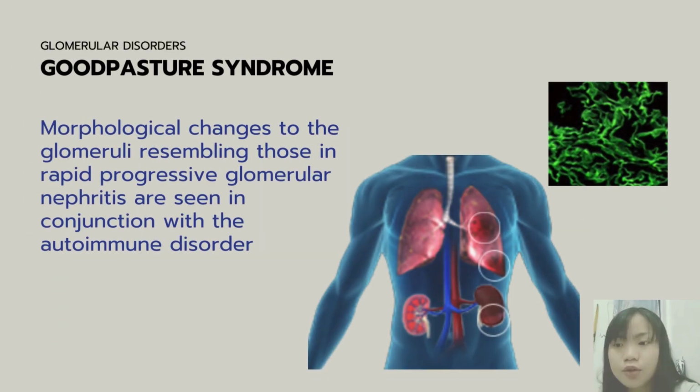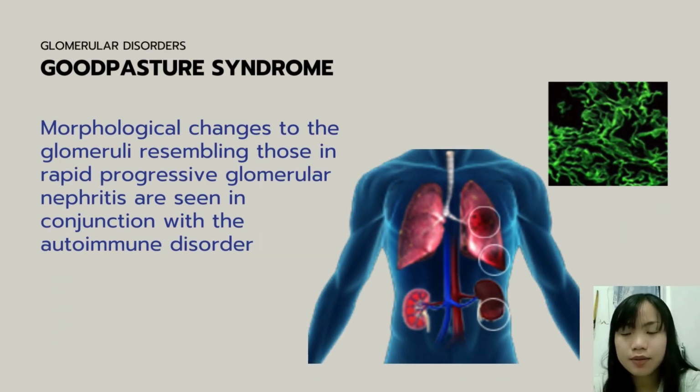For the Goodpasture syndrome naman, merong morphologic changes sa glomeruli na similar sa RPG. And viral infection causes respiratory symptoms which includes hemoptysis and dyspnea. It can lead to chronic glomerulonephritis and worst sa end-stage renal disease or ESRD.